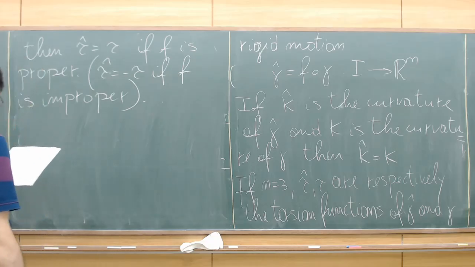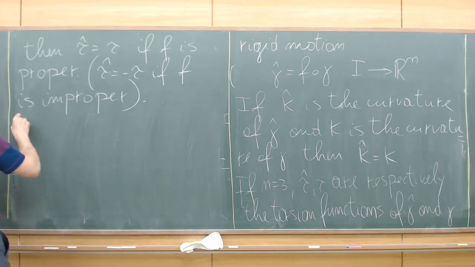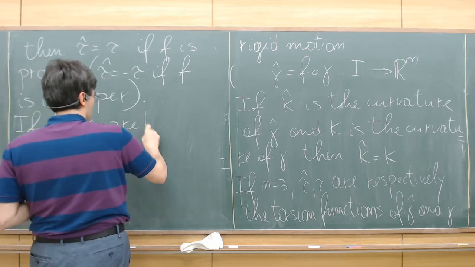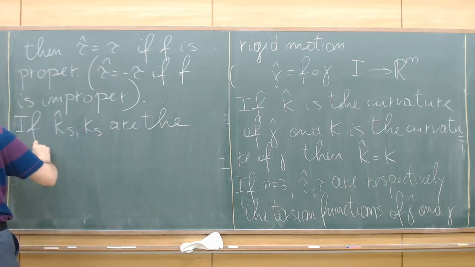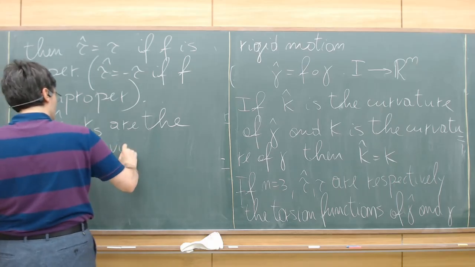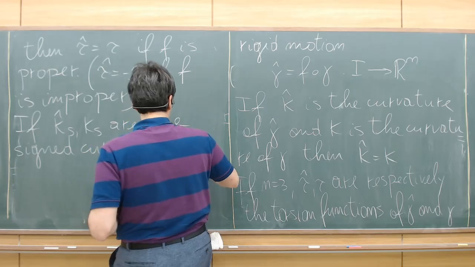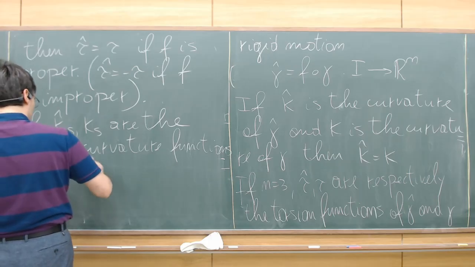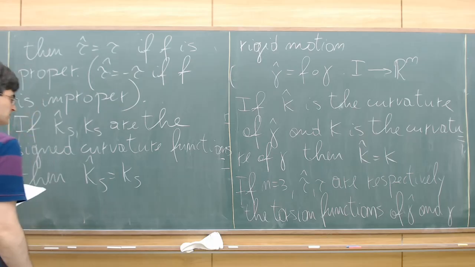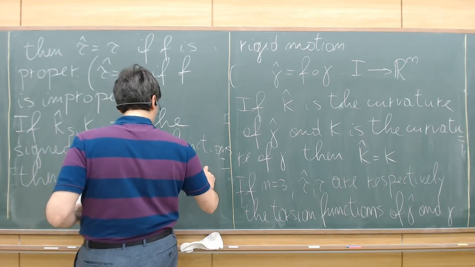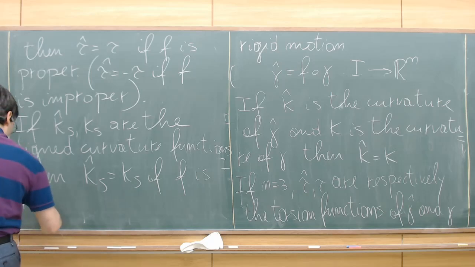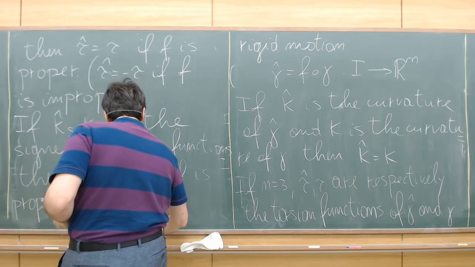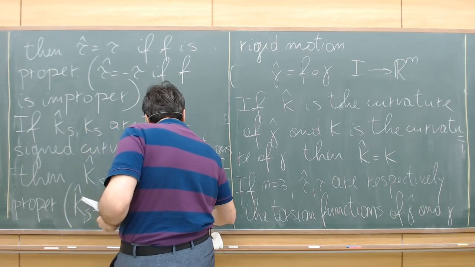And the last statement is the following: if k hat s and k s are the sign curvature functions, then k hat s is k s if f is proper, and we will prove also that k hat s is minus k s if f is improper.